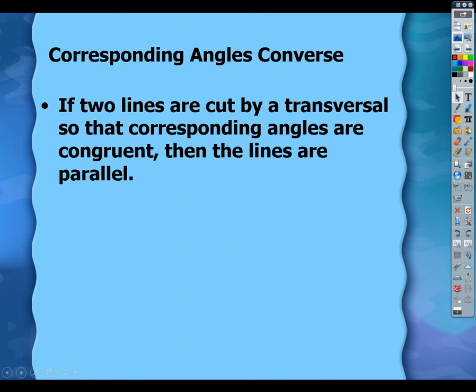Okay, the other way we can do this is we can reverse that whole process. We can do the converses of all of those relationships we just talked about, and then we're flipping around the hypothesis and conclusion. Now we're making the assumption, for example, in the corresponding angles converse, which is a postulate, that if two lines are cut by a transversal so that corresponding angles are congruent, what must be true about those lines then?